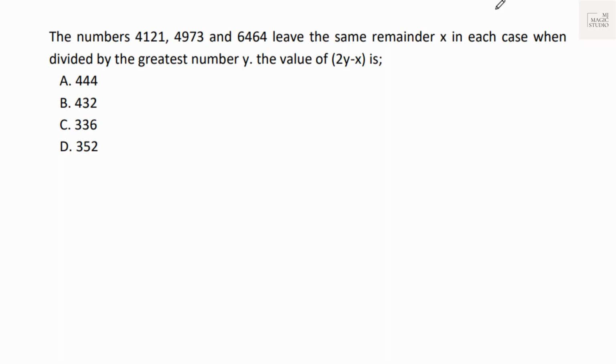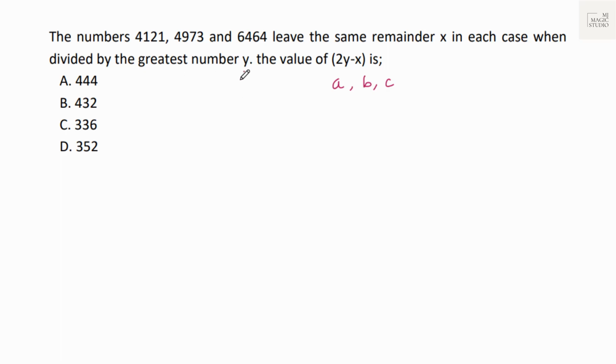This is one of the peculiar questions from HCF number system. Suppose three numbers A, B, C are given, which leave the same remainder in each case when divided by the greatest number y.